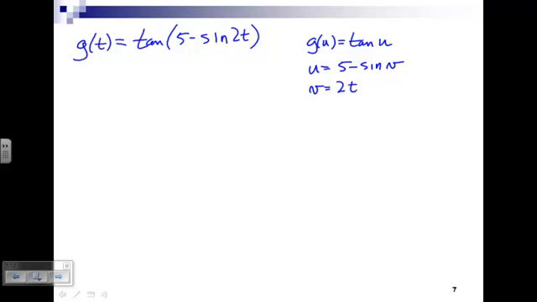Secant squared. Outside. And then this stays the same, 5 minus sine of 2t. Now this is the outside function, so u would be 5 minus sine 2t. The derivative of this is negative cosine of 2t. We're doing this again, this becomes the outside. We got that part right. I'm going to guess it's times 2. But what about this? It wouldn't be negative cosine? I'm not sure.